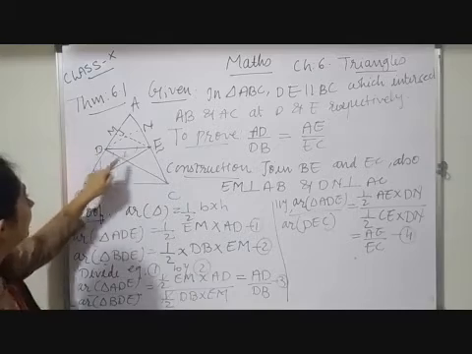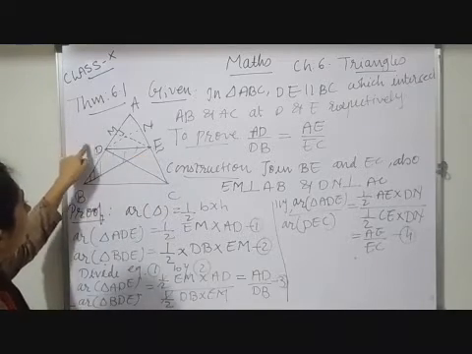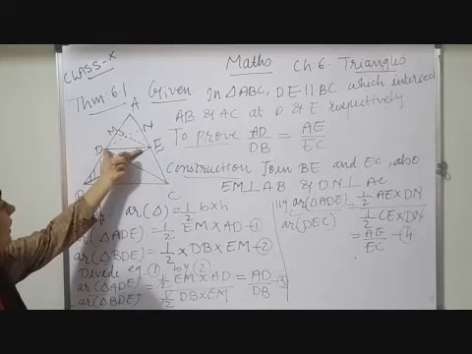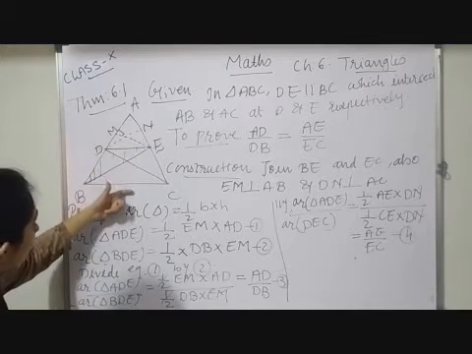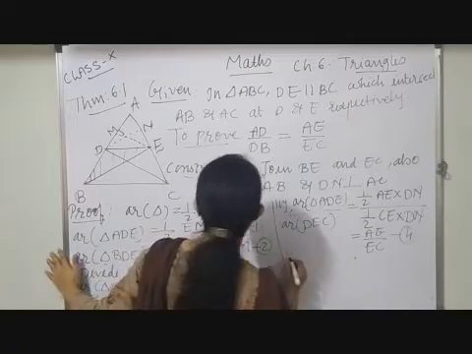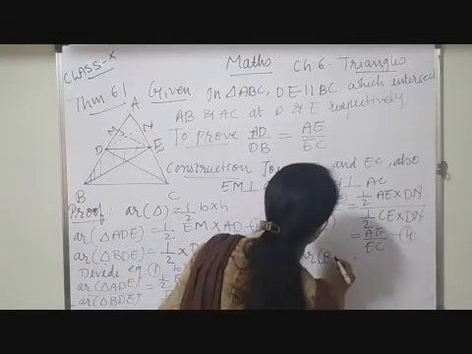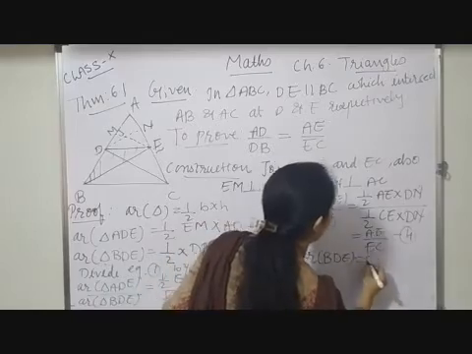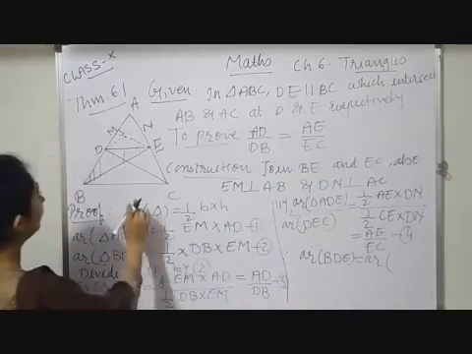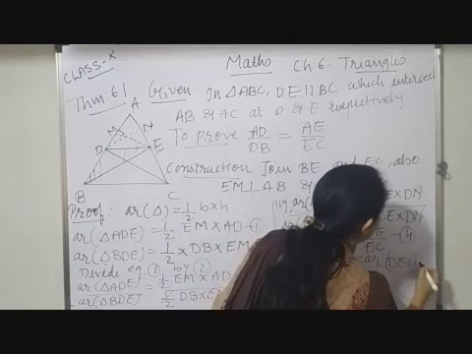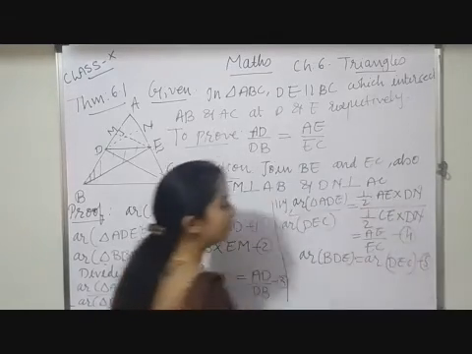Triangle DBE and triangle DEC are on the same base DE and between the same parallels DE and BC. So therefore we can write the area of BDE is equal to the area of triangle DEC. Let this be equation number 5.